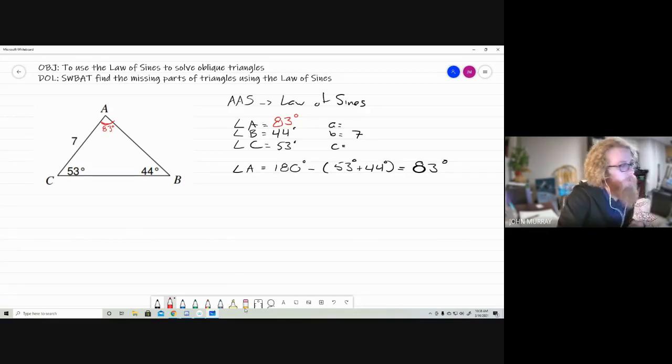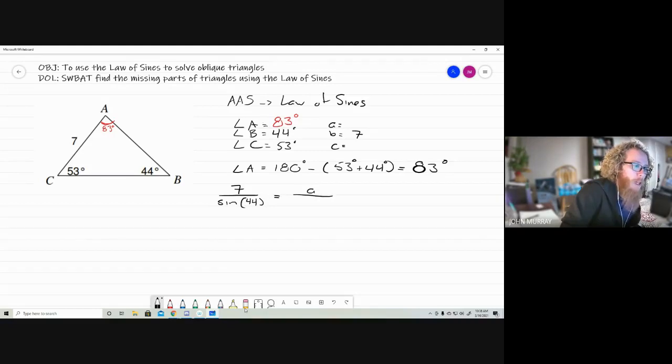So now that we got all of our angles, okay, it's a little easier to set up using the law of sines. All right, so we're going to have two instances, one where I'm finding side A, one where I'm finding side C. For both of those, I'm going to use angle B and side B as my proportions. All right, so for the first one, we'll set up for A. I'll have B, which is 7, over the sine of B, which is the sine of 44.